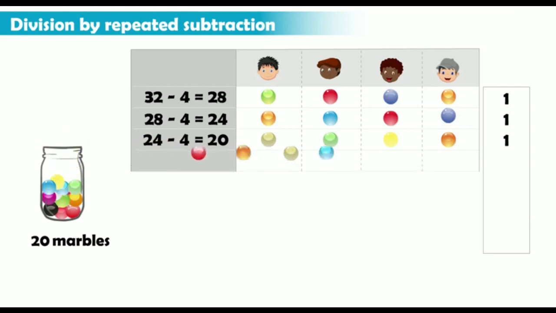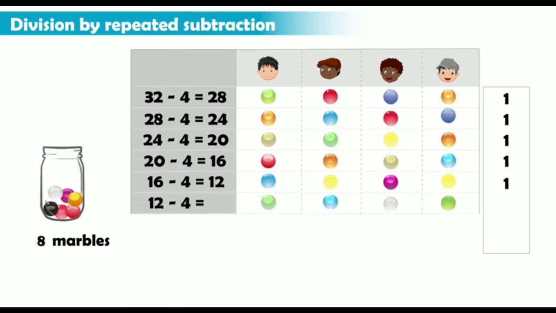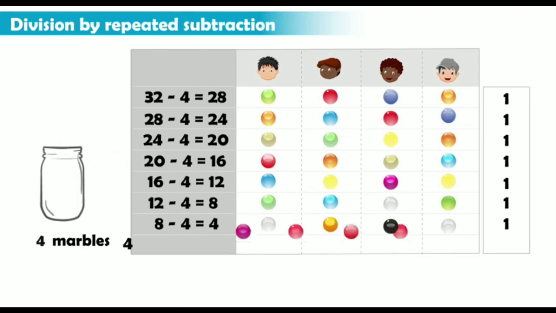If we keep doing this repeated subtraction of 4 marbles from the remainder while keeping a record of how many marbles each player received, we will finally get a 4, and 4 minus 4 is 0. Since we reached 0, this means that we can equally split 32 marbles among 4 players without any marbles left over.